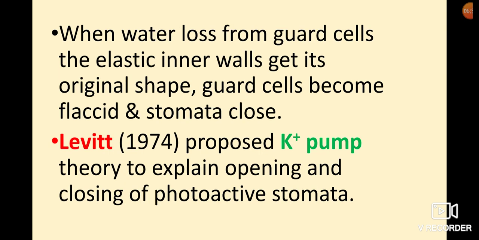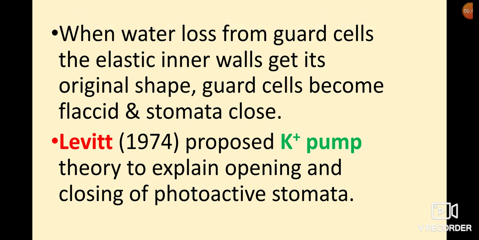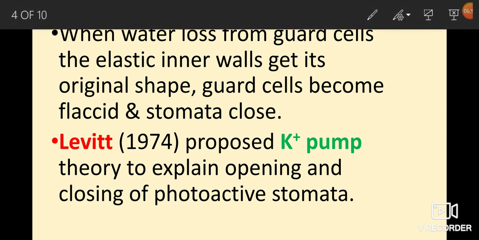When water is lost from the guard cells, the elastic inner walls get back their original shape. The elastic nature is present only in inner walls. It means the crescent shape no longer appears.